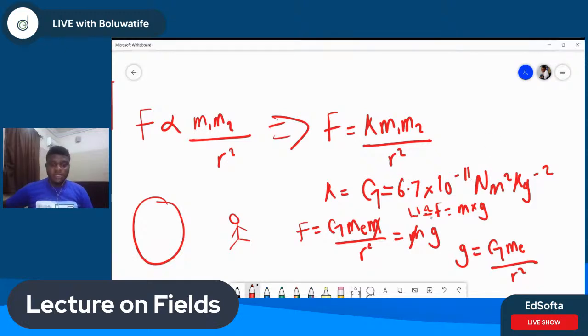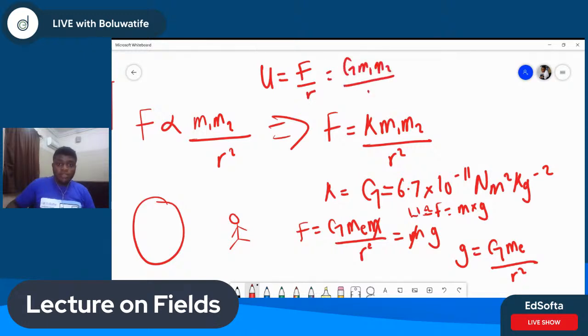The gravitational potential, which can be given as U or V, any letter you like, I'm going to use U, is given as the force times my distance. And I know that my force is G m1 m2 over r squared.